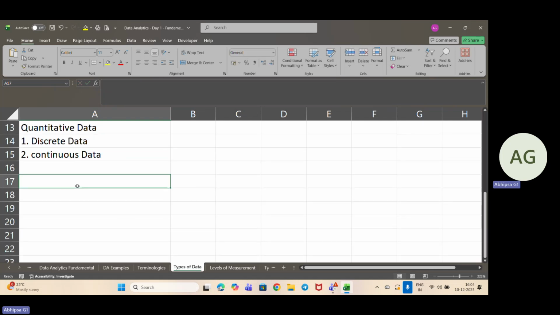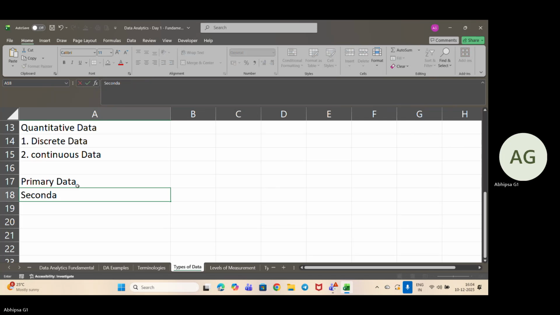Next, in another way, or as a bonus, we have another form: the primary data and the secondary data. What is primary data?